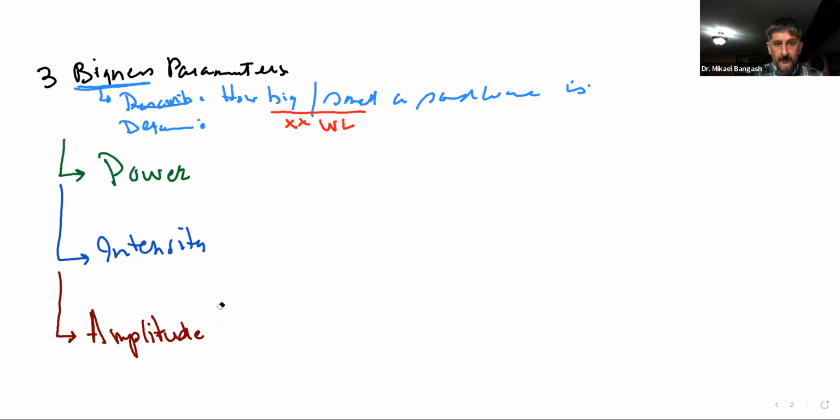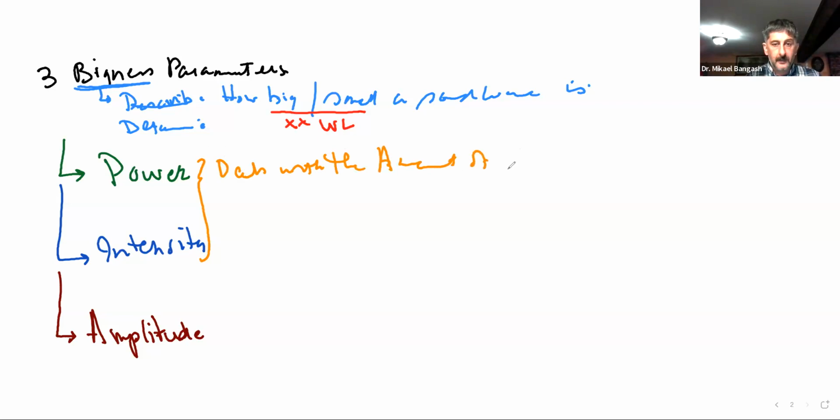Now, before jumping into what these three bigness parameters are, we can mainly say power and intensity both deal with the amount of sound energy that a sound wave carries.